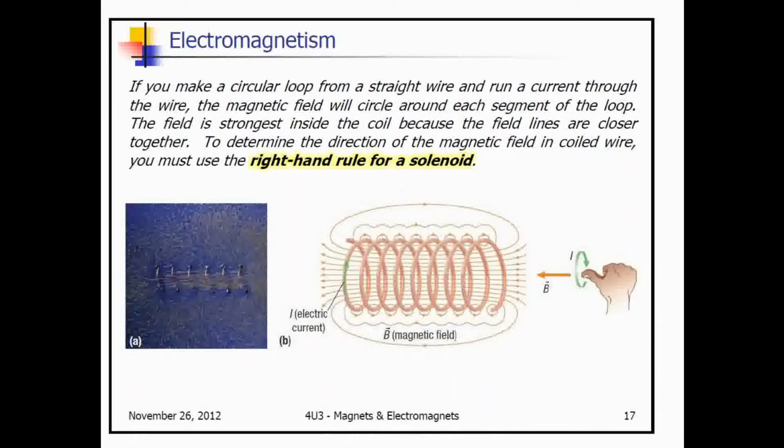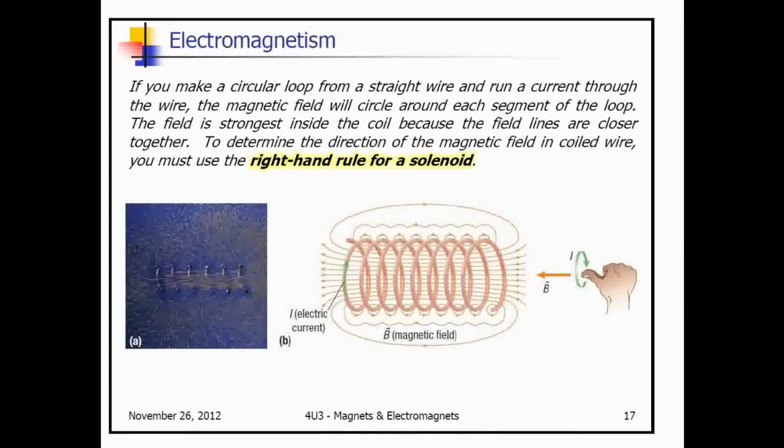So rather than having just a simple magnetic field that is circular, we can have a magnetic field that's very strong in the center of that solenoid. And if you put your fingers around the solenoid in the direction of the electric current, your thumb would be pointing in the direction of the magnetic field.